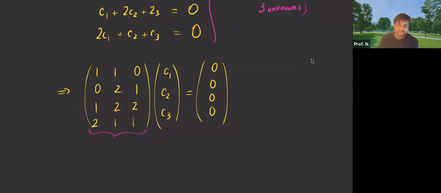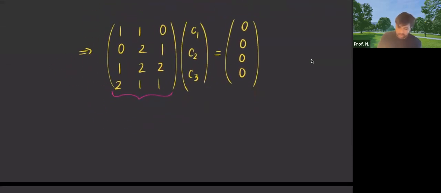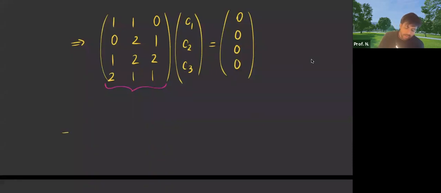But what we could do is try to figure out the row reduced echelon form. That should be a way to help determine whether a linear system like this has a solution and what that solution might be. So let's try to quickly row reduce this.